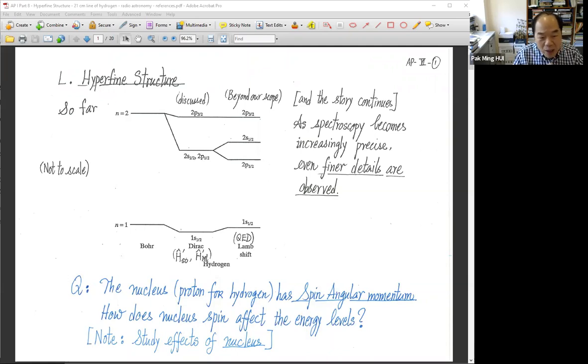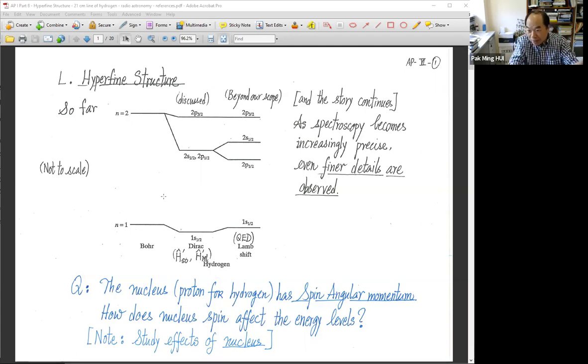But now we are going into a finer than fine structure. What for, you may ask. Good question. But it turns out that there are big consequences. For example, that will define what is a second, the SI unit of time. That will open up the whole area called radio astronomy.